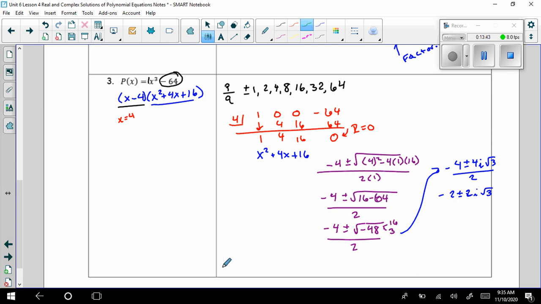So we have P of x is equal to our original factor here that goes with this 0, x minus 4. And then we have x minus our 0 here, negative 2 plus 2i root 3.